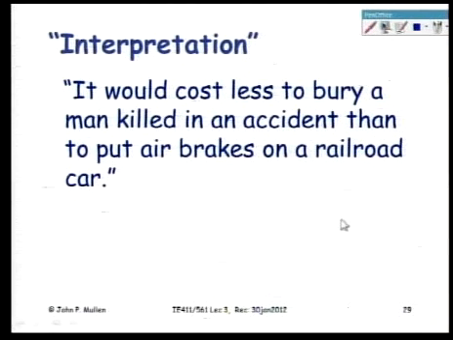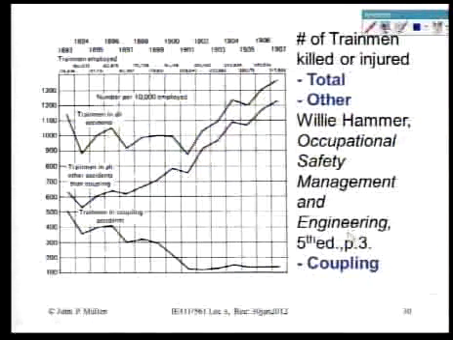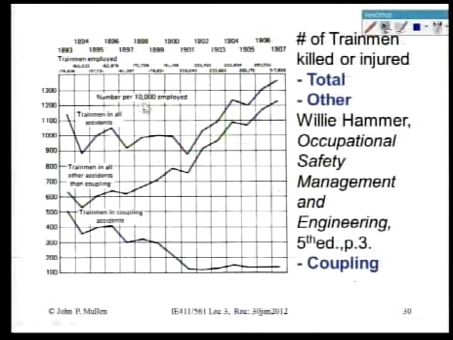Put that in a little bit of a context. This is from Occupational Safety Management Engineering, by a guy named Willie Hammer. That really is his name. Anyways, this is the number of trainmen injured or killed per 10,000 employees. And this up here is the total number, starting back in 1893.